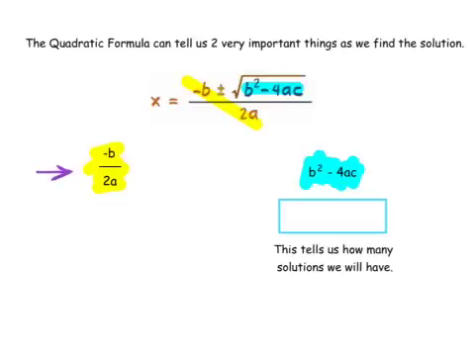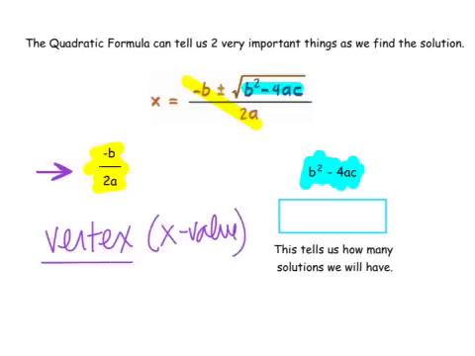If you recall from early in the chapter, the opposite of b over 2a holds very special importance to us because that's our vertex, at least it's the x value in our vertex. So using the quadratic formula gives us our vertex without having to solve it on the side. That's one really important part.